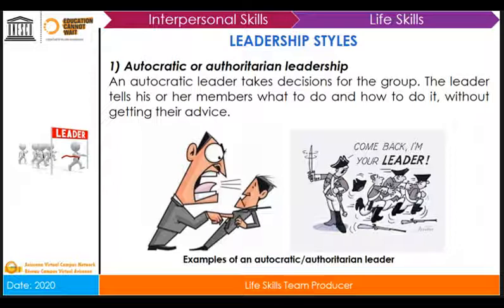That is, the leader tells his or her members what to do and how to do it without getting their advice.